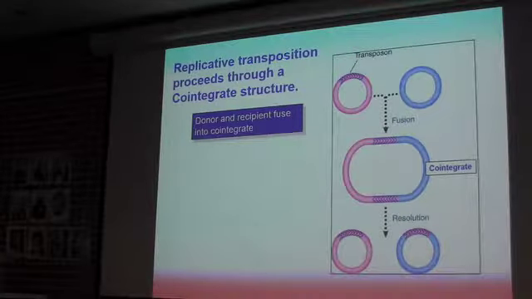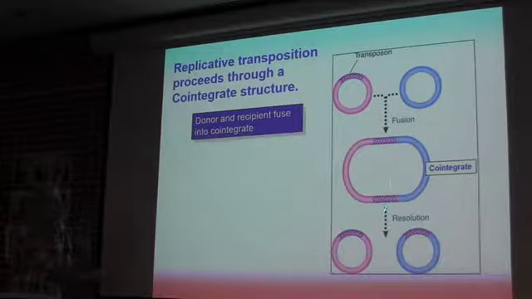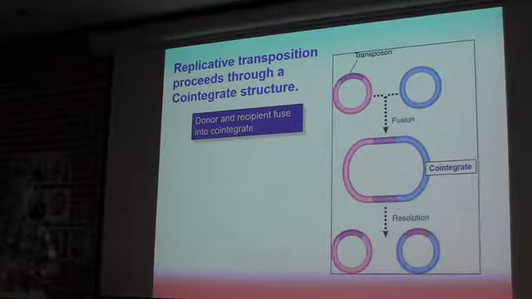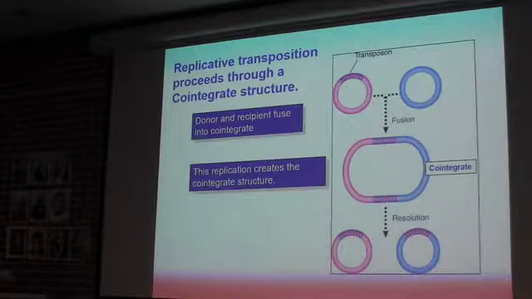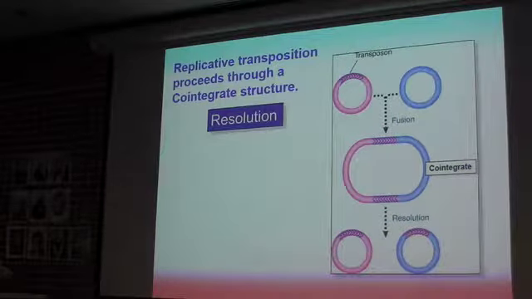Replicative transposition encodes not only a transposase, but a resolvase to, by site-specific homologous recombination, resolve these two DNAs into their original separate forms.